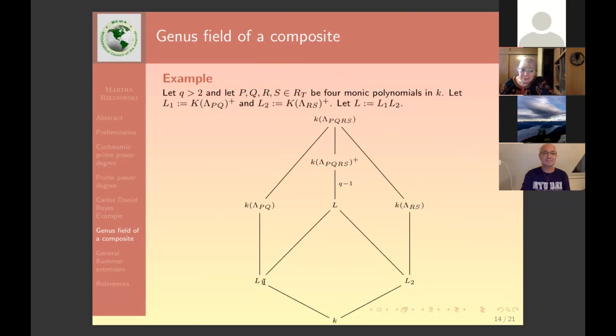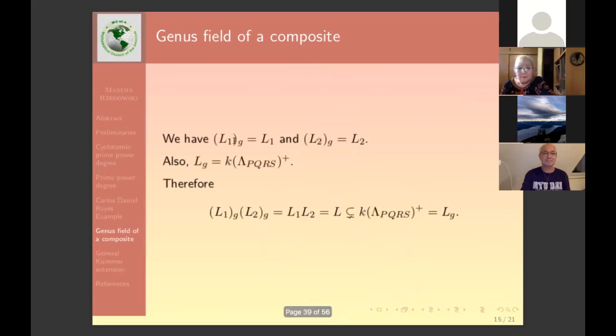Then we can calculate that the genus field of this one is itself, and the genus field of this one is itself, and so the composite of the genus fields is L. But for L, the composite of L1 and L2, the genus field is this one. So it's a proper containment, the degree is Q minus 1, and it's important that Q is larger than 2. So we have this proper containment in this case.